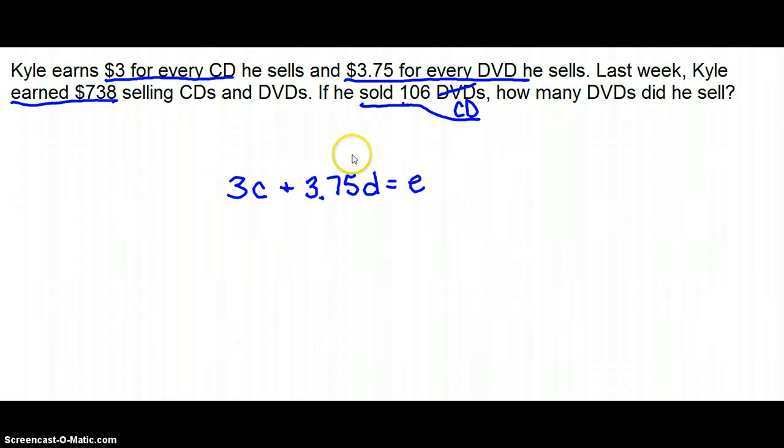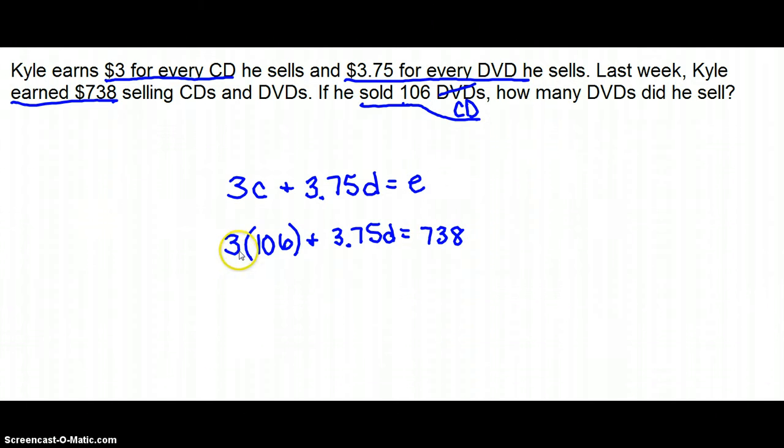So let's substitute these things in. We're going to substitute 106 for C. So we'll have 3 times 106 plus 3.75D. This equals 738.